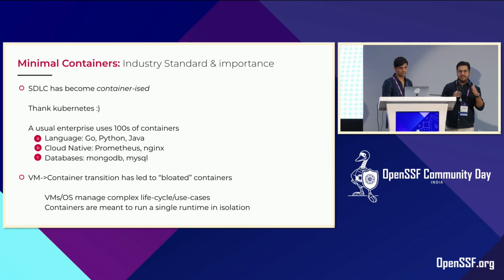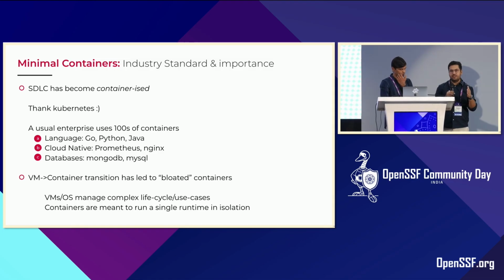So I think unless any of you has been living under a rock, you definitely know about minimal base container images. I would say in the last 10 odd years, ever since Kubernetes has come up and has changed the software development lifecycle, the overall SDLC has become very, what I call, containerized.